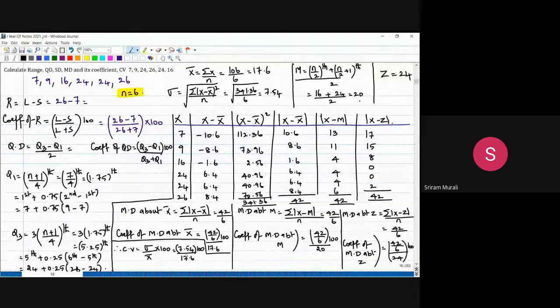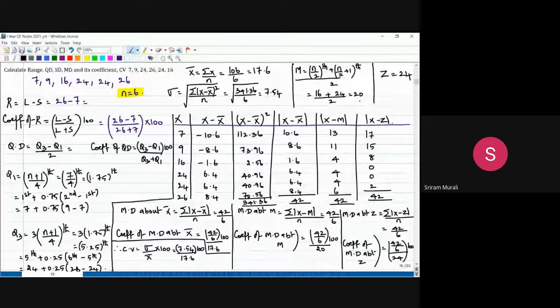Have you understood all the computations? Yes, sir.